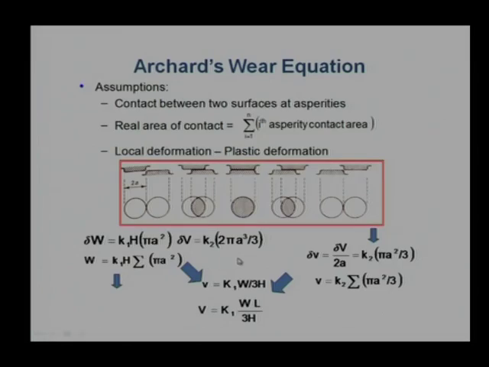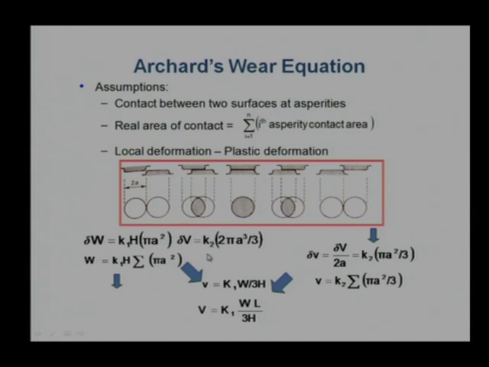This is a big assumption, a very crude assumption, that the whole asperity will be removed in one go. When one surface is traveling on another surface, the whole asperity will be sheared away, which is a very crude assumption. However, that can be accounted for because he has included k2 as a factor.